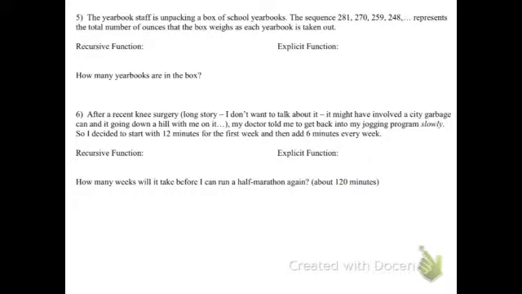Number 5, this one they're unpacking yearbooks out of a box, so they're taking them out. And I notice here I have a common difference of 11. So there's our common difference, so that's going to be our d. And I have an initial value of 281. I got the information I need. So a sub n equals a sub n minus 1 minus 11.